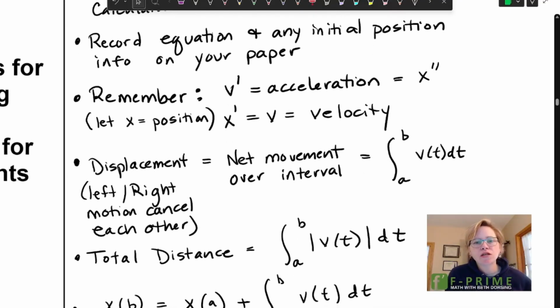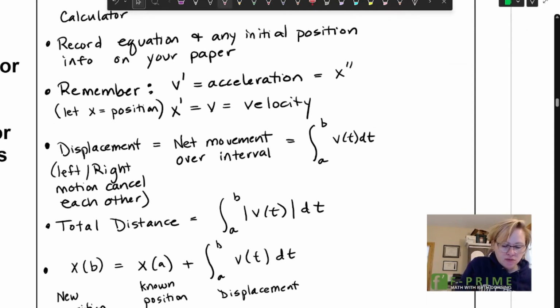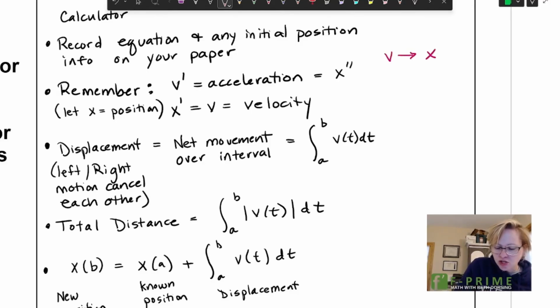A couple reminders: V prime is your acceleration. So when you take the derivative of the velocity, that gives you your acceleration expression. Your position is going to be the antiderivative of velocity. So to go from velocity to position, you're going to use an antiderivative.